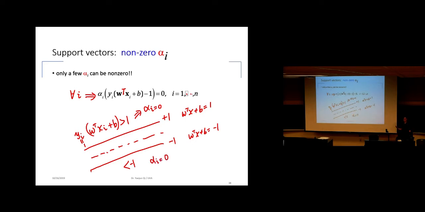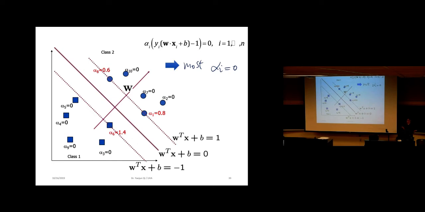And then that leaves what? It leaves only the points on the boundary of the margin to have alpha not equal to 0. Because alpha I is positive, it's guaranteed to be larger than 0, and of course bounded by C.